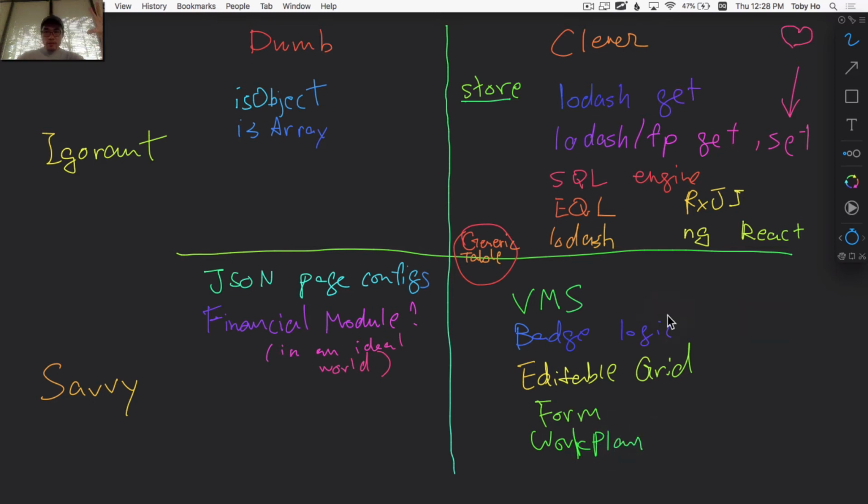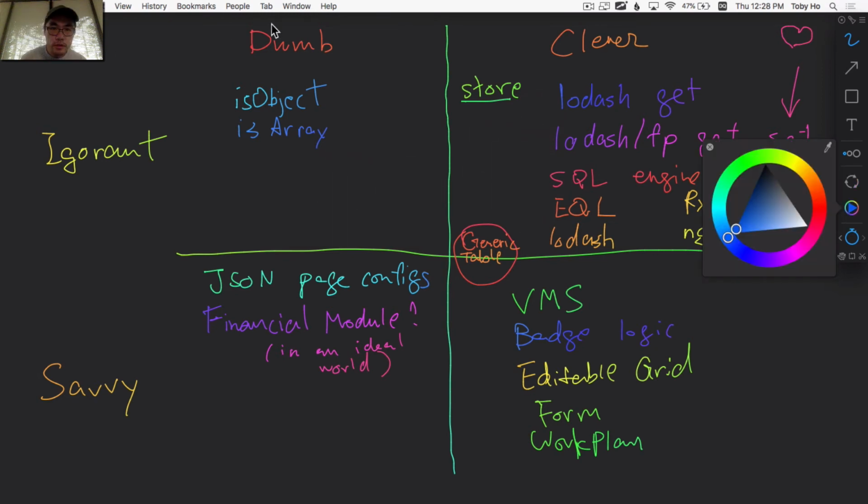Given this world view that I'm overlaying on top of how we look at code, what's the insight I'm trying to give? I'm basically saying the code that's in this first quadrant, dumb and ignorant, that's a meh, as in it's probably not ideal, but it's also not hurting us.